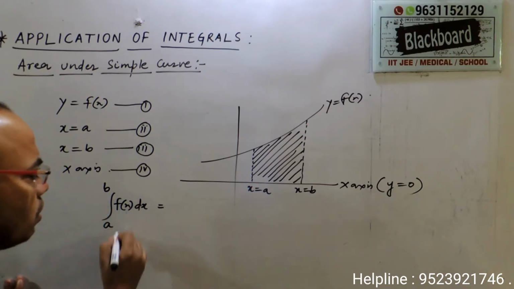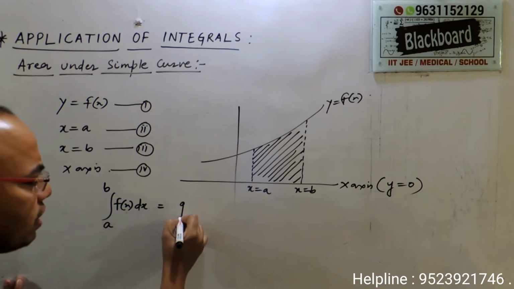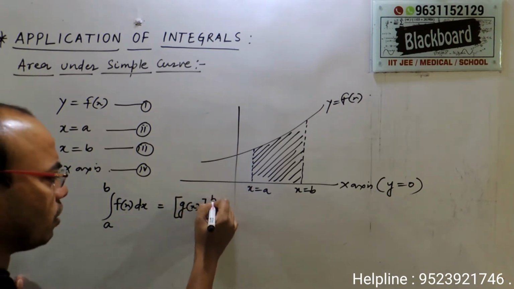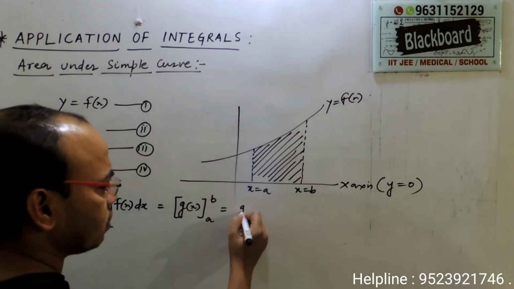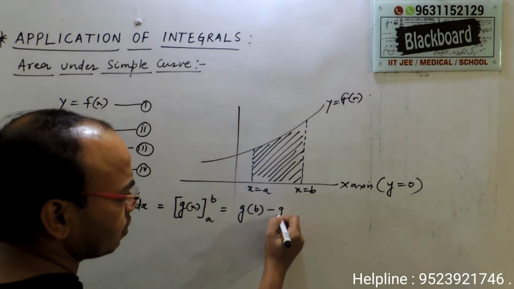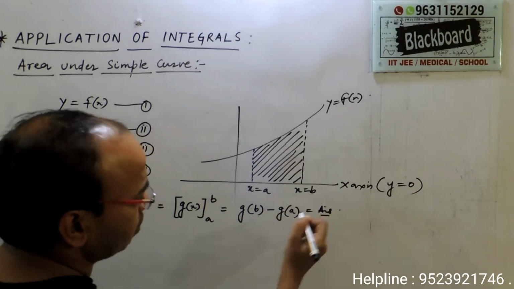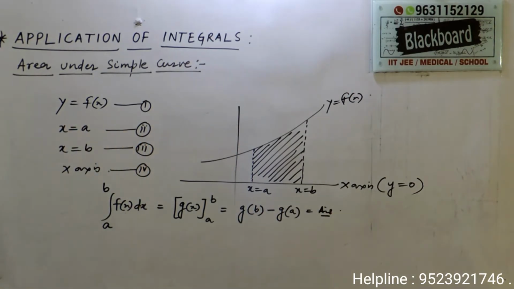Now integrate this function. If the integration of this function is g(x), then put the limits a to b, this is g(b) minus g(a), and this is your answer. So using these steps you can find the area under simple curves.